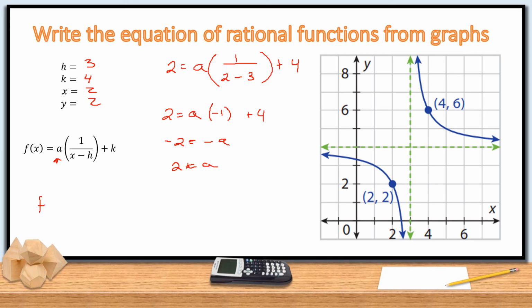So we would say f of x is equal to 2 times 1 over x minus 3, plus 4. That's it. So, I mean, you guys have done that before. It shouldn't be too crazy. Make sure you got the new information down and what you need, and then you're going to try one on your own in a second.